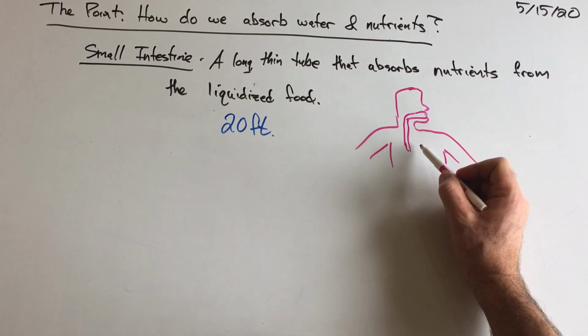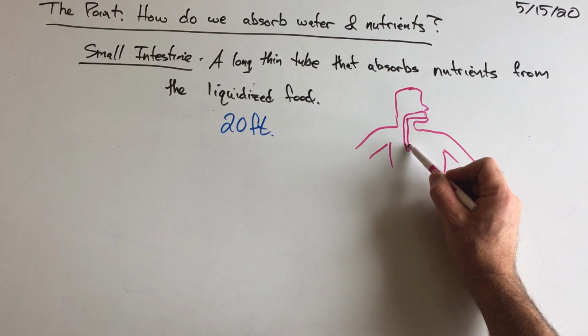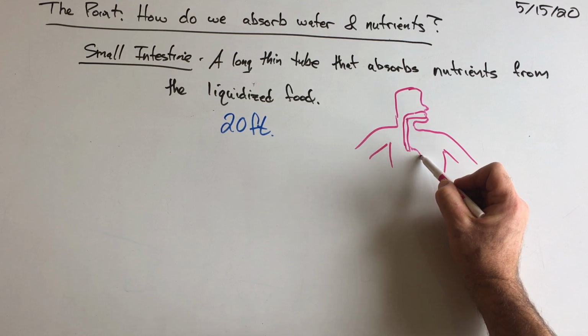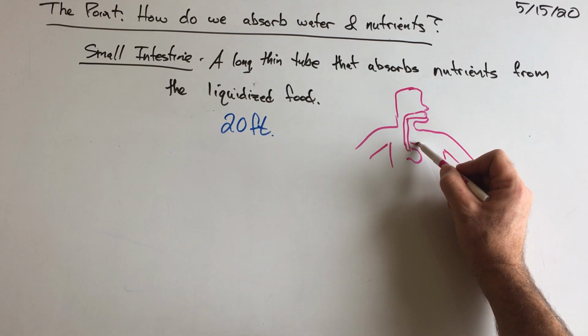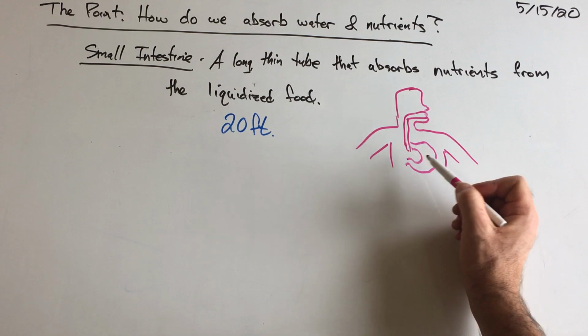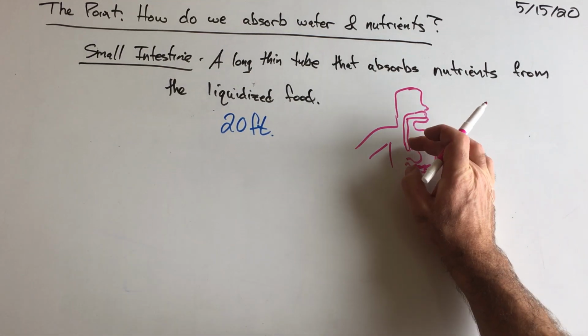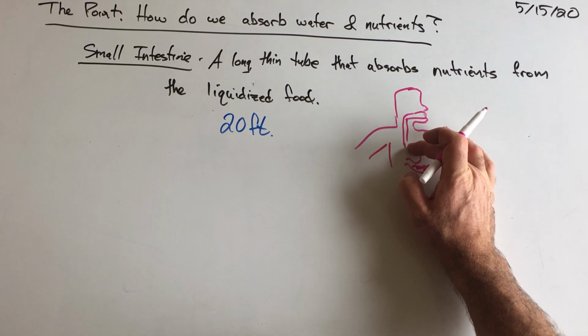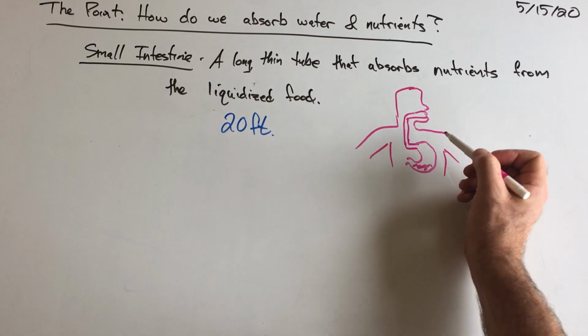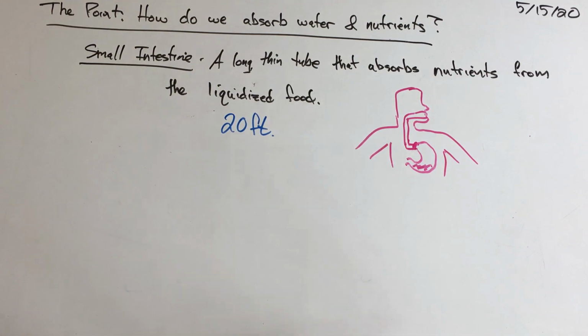Comes down, and first thing it hits is your stomach. And we remember that the stomach is full of acid, right? That's not super well drawn. Let's draw that again. And there's a little sphincter right there that shuts off, and a sphincter right there that shuts off.